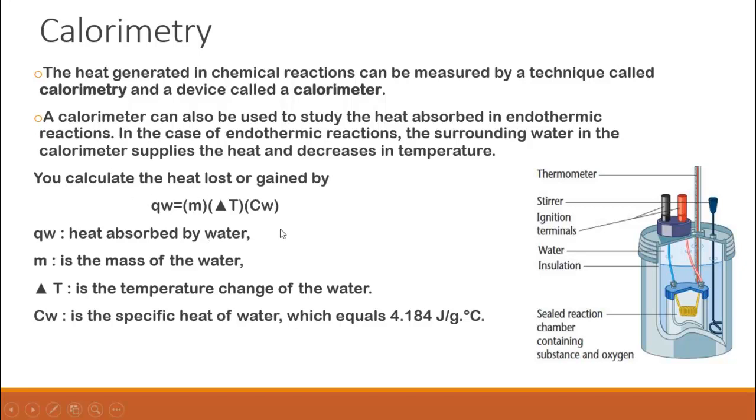So our equation to calculate the heat lost or gained is heat equals mass times delta T times Cw.